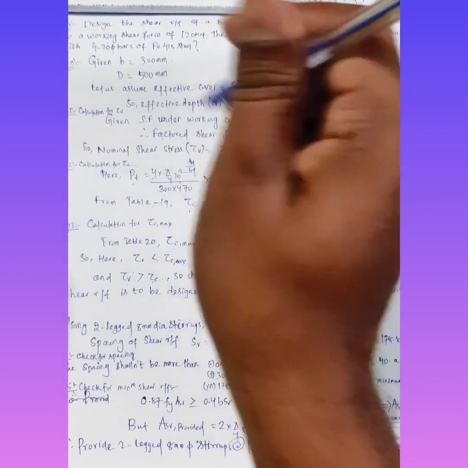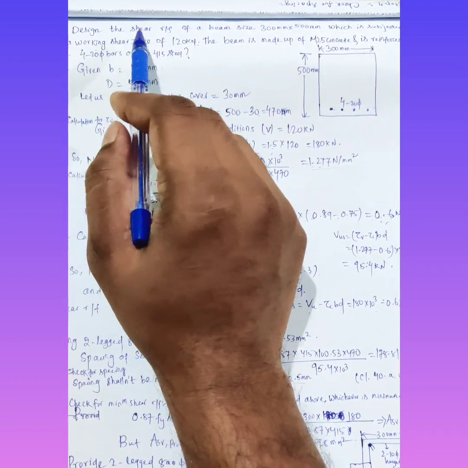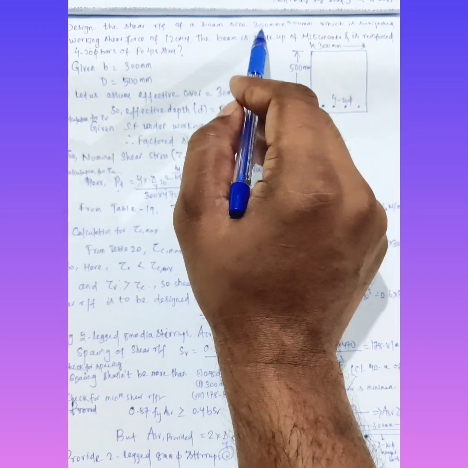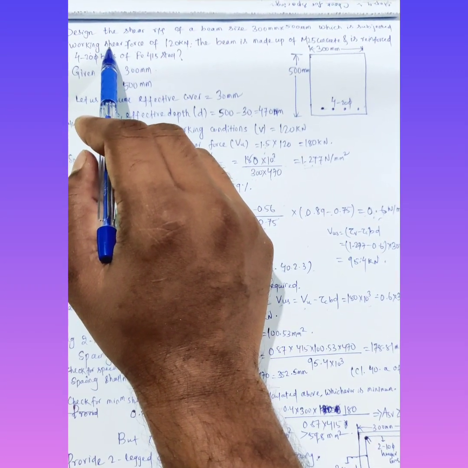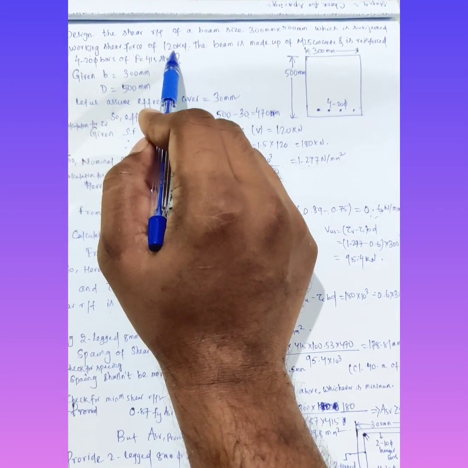So the problem is: design the shear reinforcement of a beam of size 300 mm multiplied by 500 mm, which is subjected to a working shear force of 120 kN.